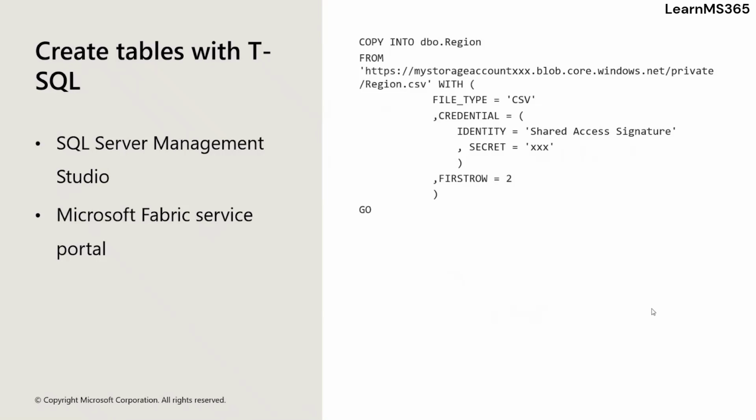Basically, this COPY statement offers flexibility, allowing you to specify the format of the source file, designate a location for storing rows that are rejected during the import process, skip header rows, among other configurable options.